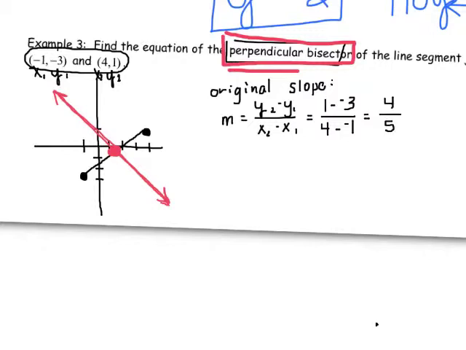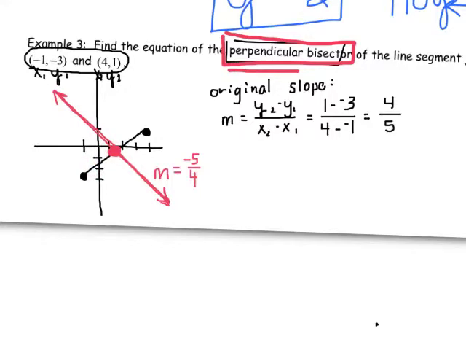So my original slope is going to be 4 over 5, which means the slope of this red line is going to be -5 over 4. I'm going to use the slope of this red line, and I know it's -5 over 4 because that's the perpendicular.